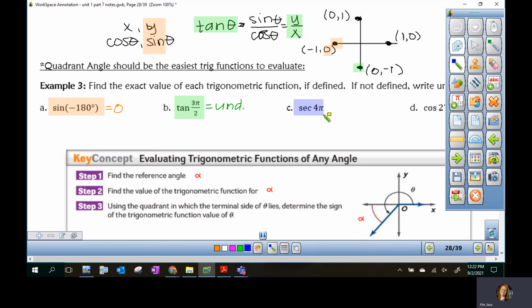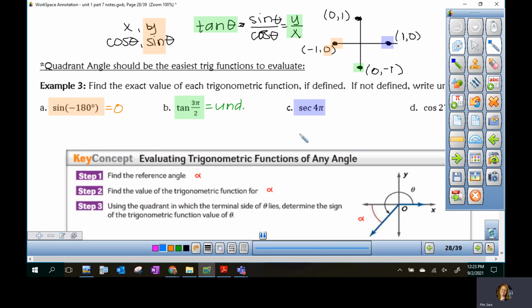All right, now we've got secant at 4 pi. Okay, well, what's a full circle? 2 pi. And so if I did another full circle, wouldn't that be 4 pi? So 4 pi, the terminal side is right back here, the same as the initial side. Now they are asking for secant. Secant is the reciprocal of cosine.